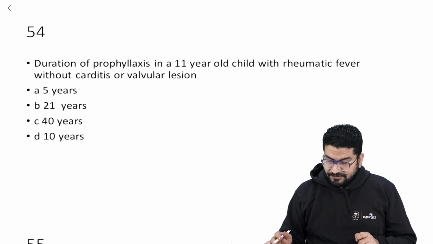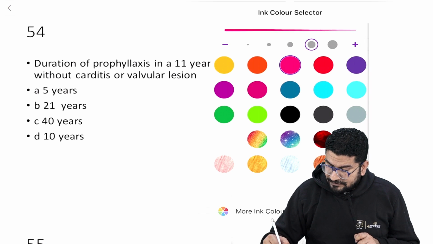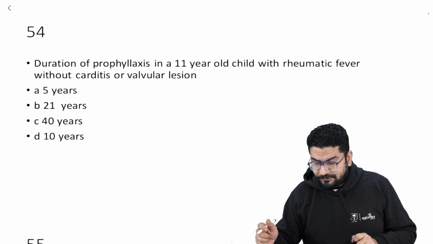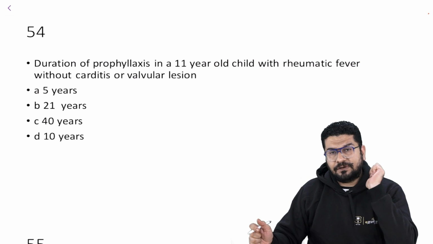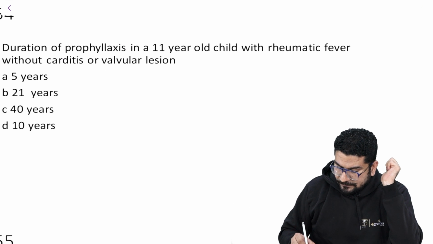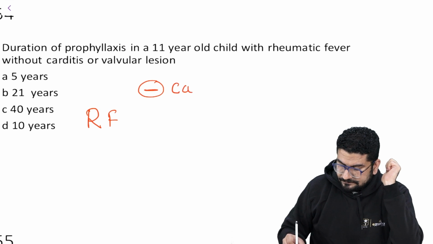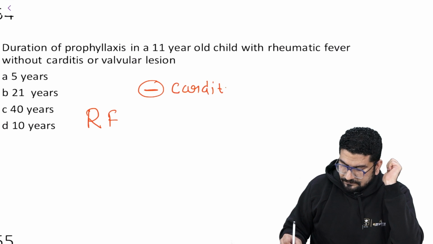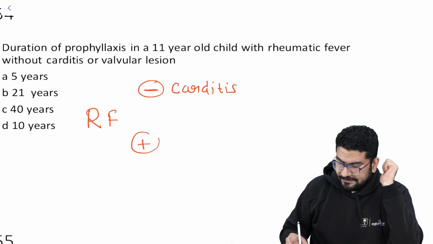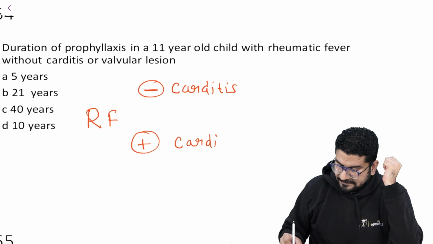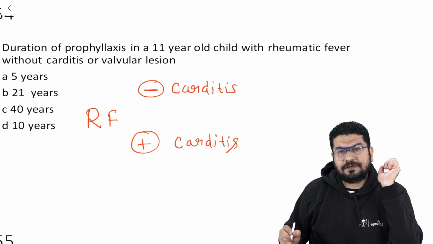Okay, the next MCQ. This is a question which was expected to come, and this came in the exam. Duration of prophylaxis in an 11-year-old child with rheumatic fever without carditis or valvular lesion. Understand this. You have a patient of rheumatic fever, either with no carditis or with carditis. Whenever the word carditis is given, it means there is some valvular involvement.